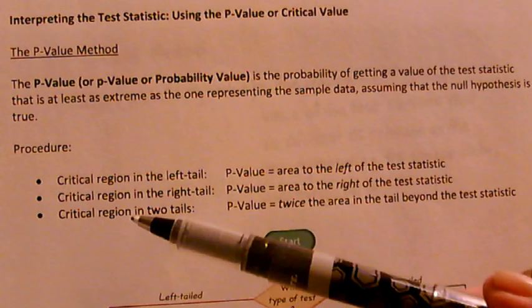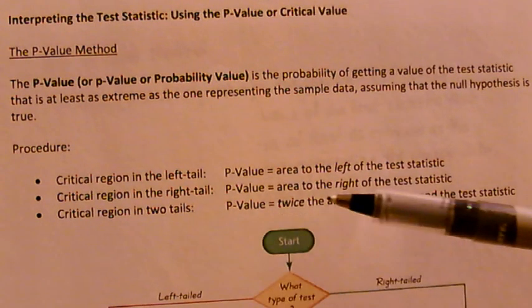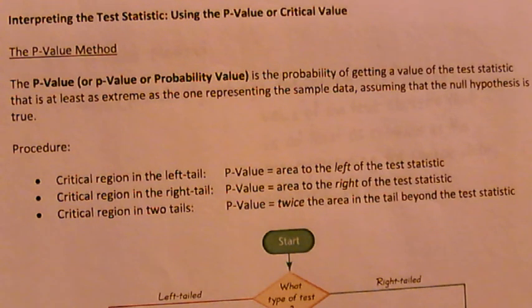And if you have a two-tailed test, your p-value is going to be 2 times the area in the tail beyond the test statistic. And the reason for that is this: the alpha level is split in half, so what you'll be getting is 1/2 of a probability value.